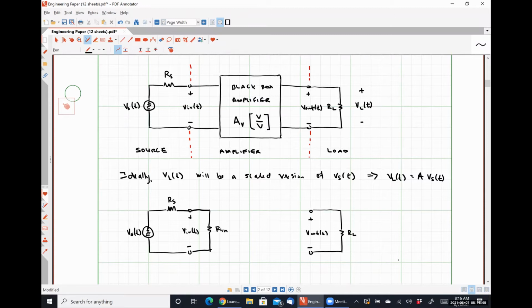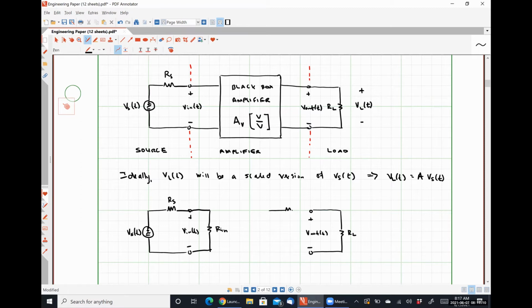We disconnect our load impedance from the right-hand side and look in through the output terminals. What should we expect to see? A Thevenin equivalent, which is just a voltage source in series with a resistor. So I'm going to model that like this.